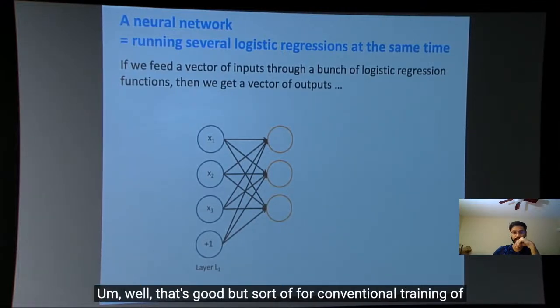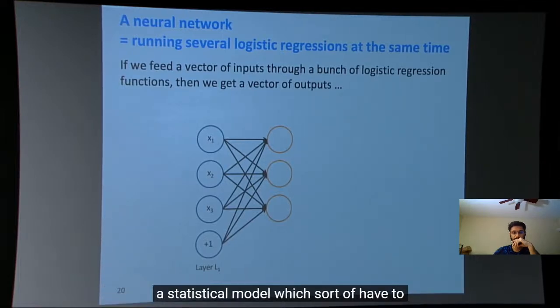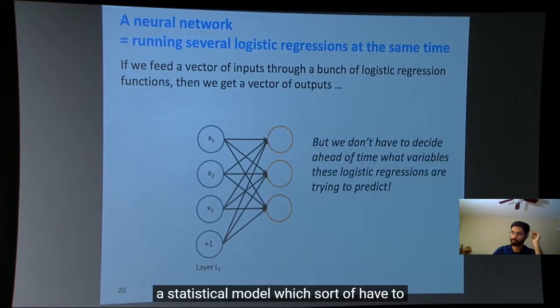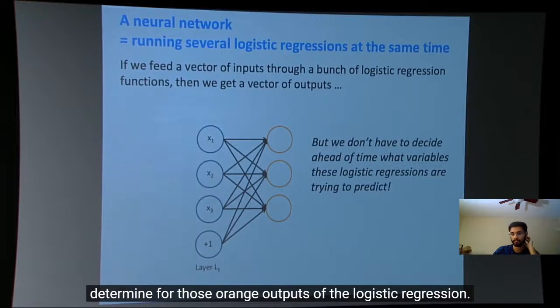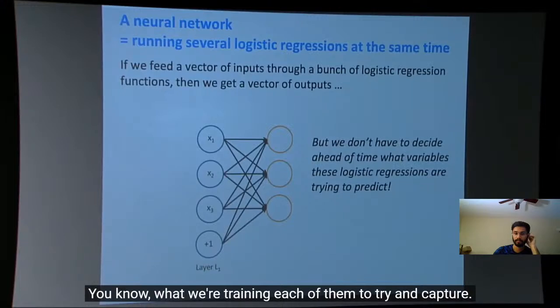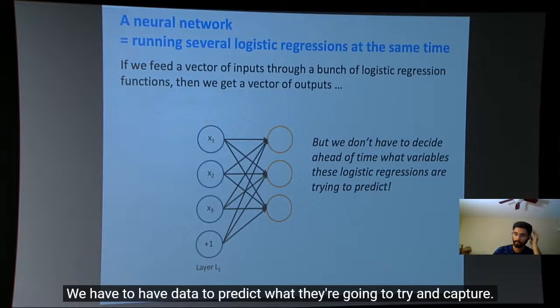Well, that's good, but for conventional training of a statistical model, we'd have to determine for those orange outputs of the logistic regression what we're training each of them to try and capture. We'd have to have data to predict what they're going to try and capture.